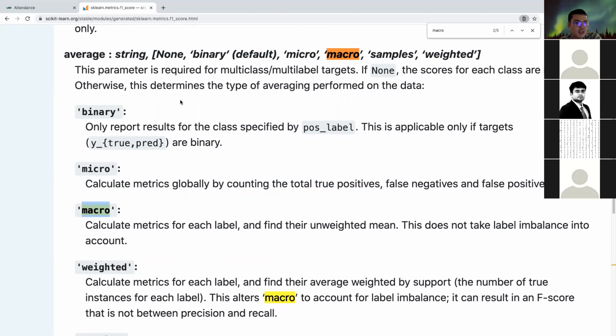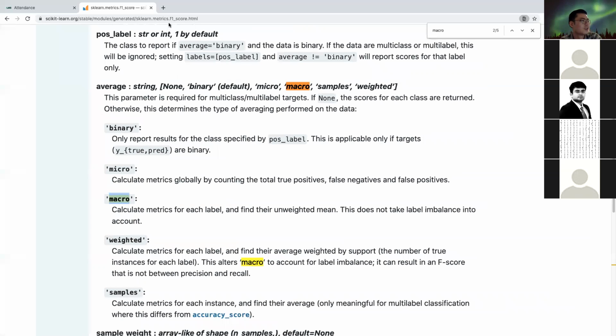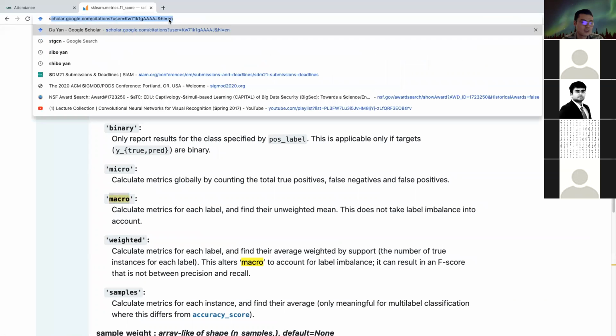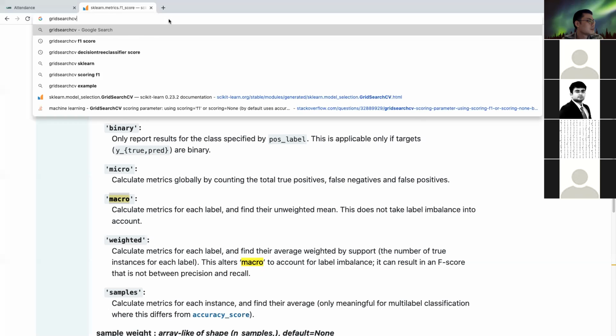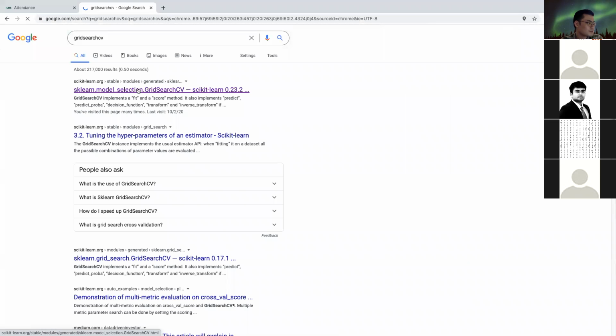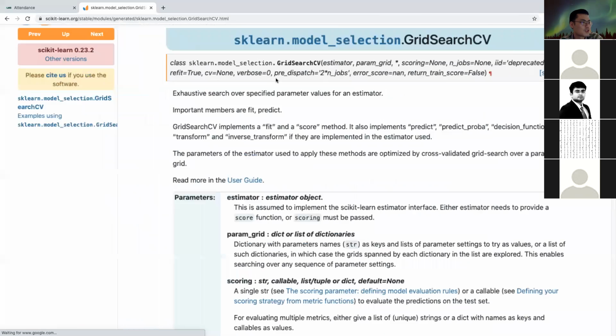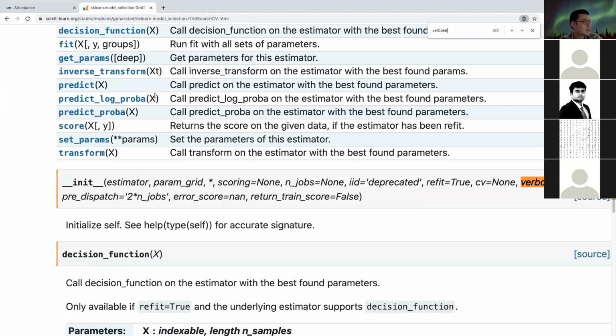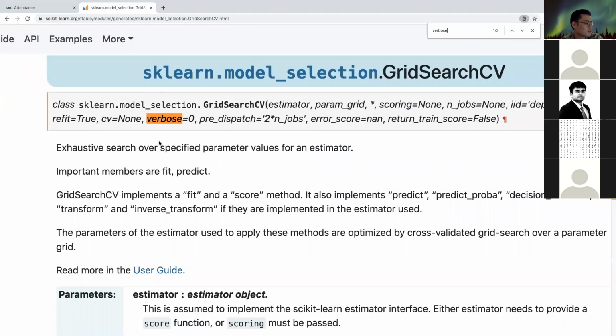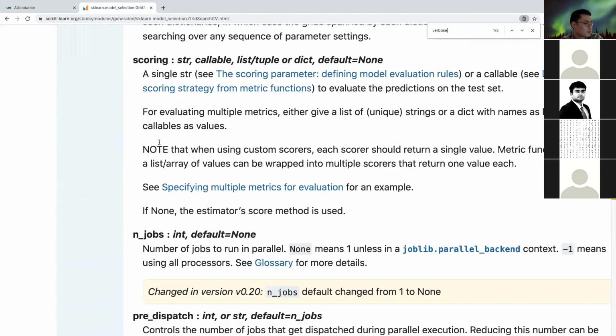If I use the grid search, I'll not be able to print it for all the possibilities. You can still do that. For any machine learning model in scikit-learn, you have verbose. If you set it to a high value, it will print everything.